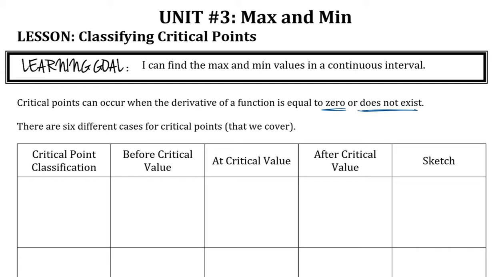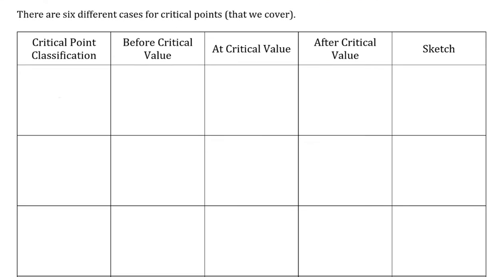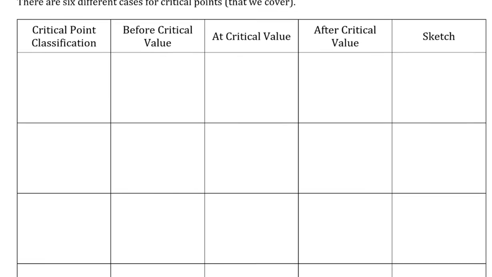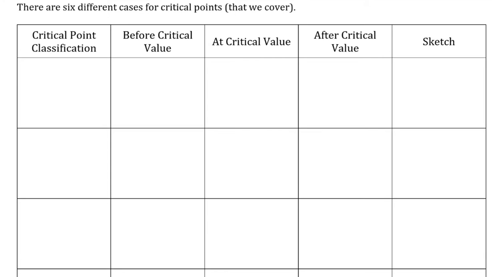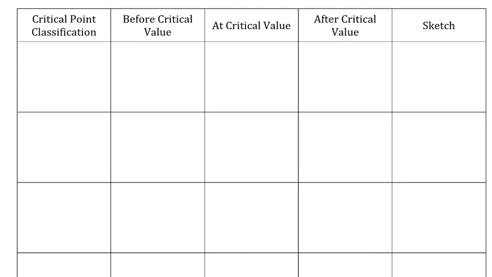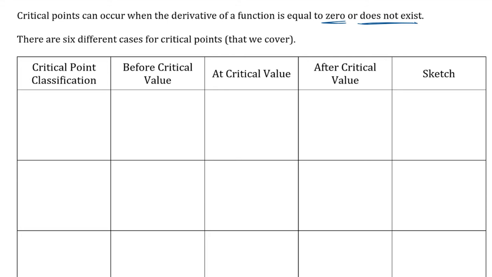Okay, so there's 6 different cases for critical points that we're going to cover in this lesson and in this unit. We will add on to it a little bit near the end of the unit, but for now at least, we're going to look at 6 cases, and these are all just using the derivative. Now, generally what we do in class is we challenge students to try to think of what would be happening in a graph when the derivative is equal to 0 or does not exist.